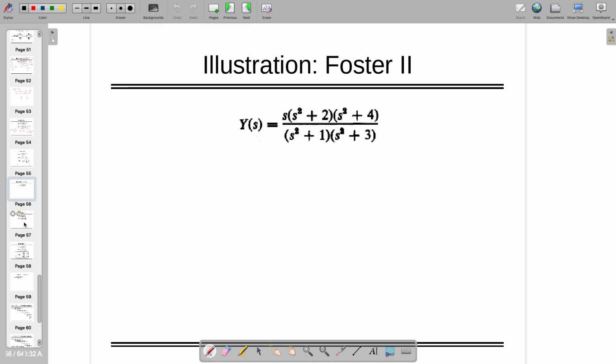Now I'm asking you to design Foster 2. When I'm asking Foster 2, it's the Foster shunt or parallel technique, where all the things will be in parallel.